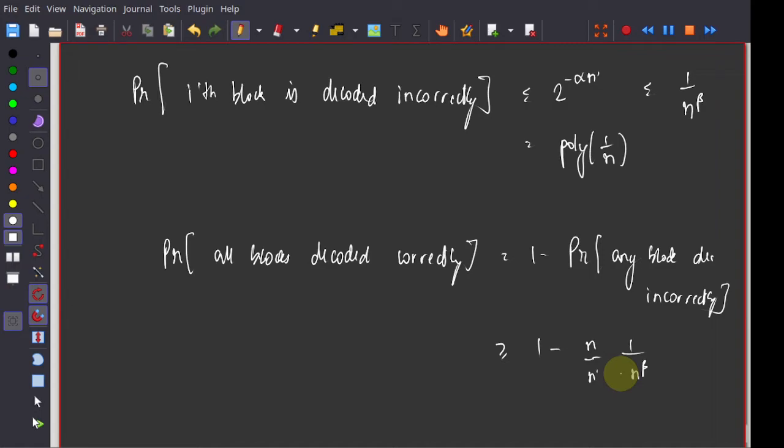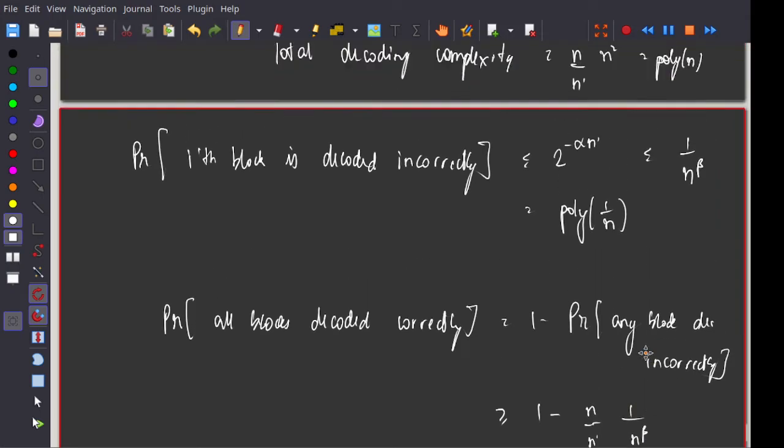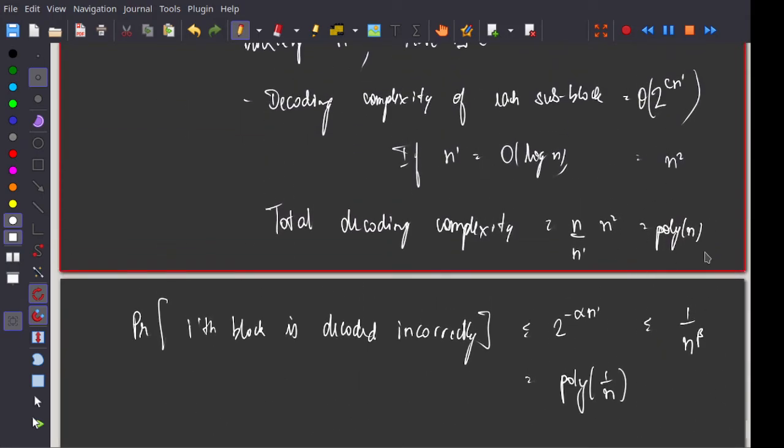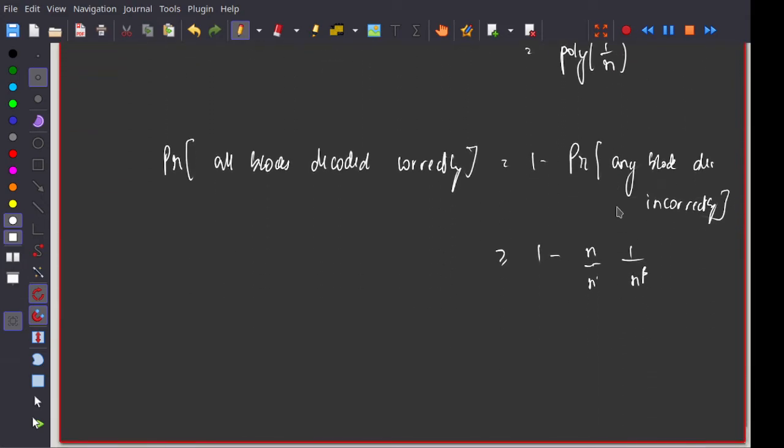So this is fine, but now it may be possible for me to choose my n prime carefully enough so that this overall quantity is still decaying in n. But that means that the complexity might go up a little bit more. But can I do it even without all of this? Is it possible to actually achieve a very small probability of decoding error?